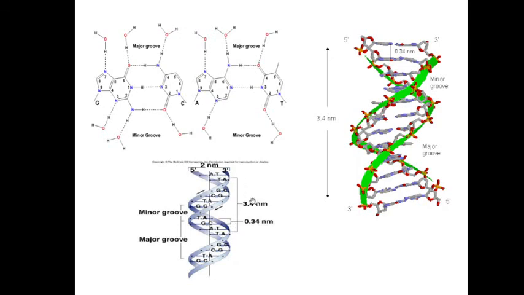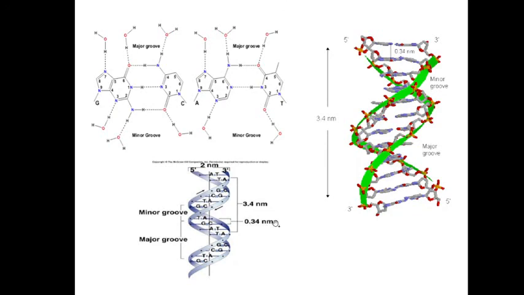One helix consists of 3.4 nanometer or 34 angstrom. The rise between two nucleotides, here between C and A on one strand, we can also call the pitch between these two nucleotides, is 0.34 nanometer or 3.4 angstrom.